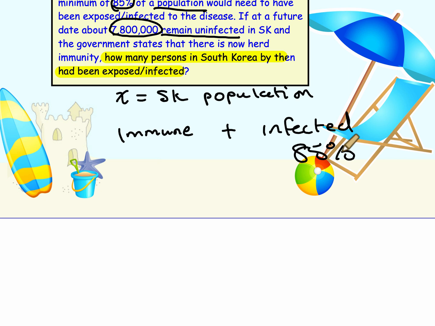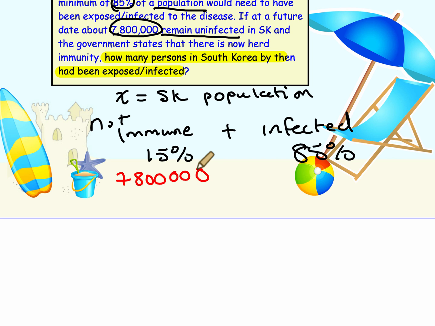The other 15%, remember, our 100% is everybody, is going to be not immune. So these are our two groups, and this not immune group is our 7,800,000.